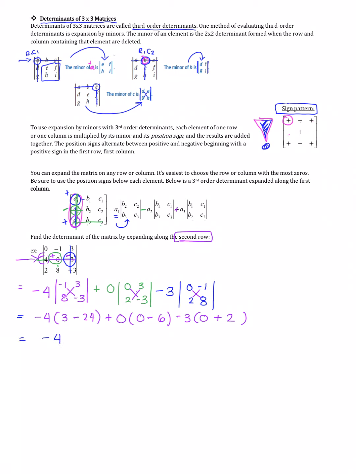So -4 times -21 plus 0 minus 6. So what is this? 84 minus 6, and the computer keeps turning off on me. Sorry about that. So the final drum roll, please, we get a determinant of 78.